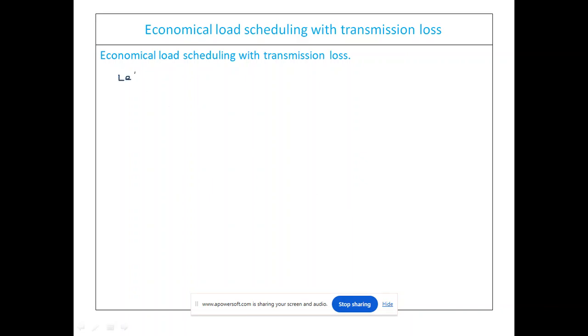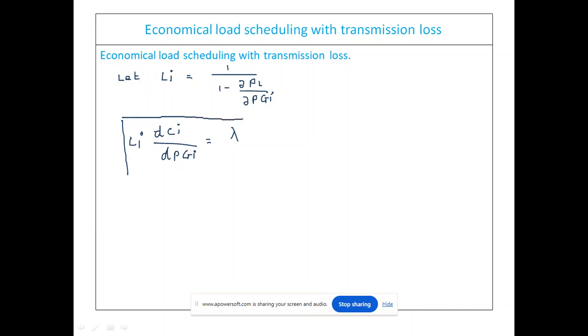Let Li, this is called as penalty factor, be equal to 1 divided by 1 minus dou PL divided by dou PGi. Then if you substitute this in the above equation, we get dCi divided by dPGi times Li equal to lambda, and this is the criteria we can use for finding the economical load scheduling with transmission loss.